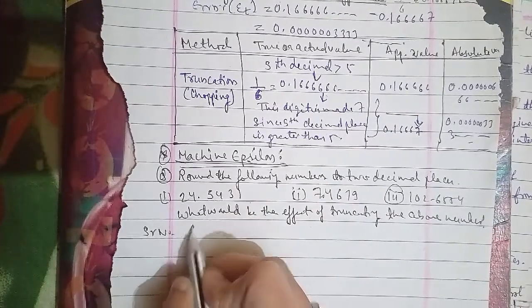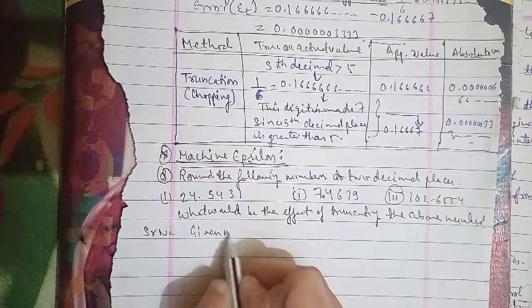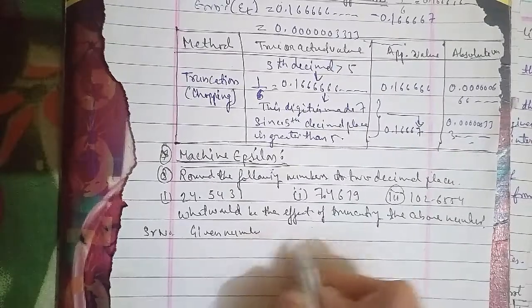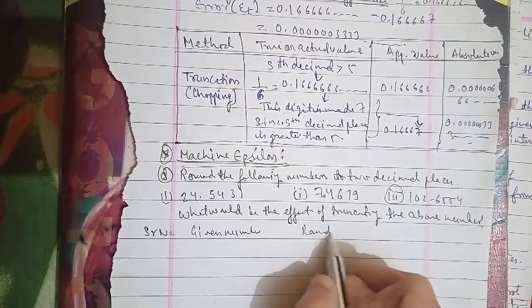This is the first number we have here, 24.5431.